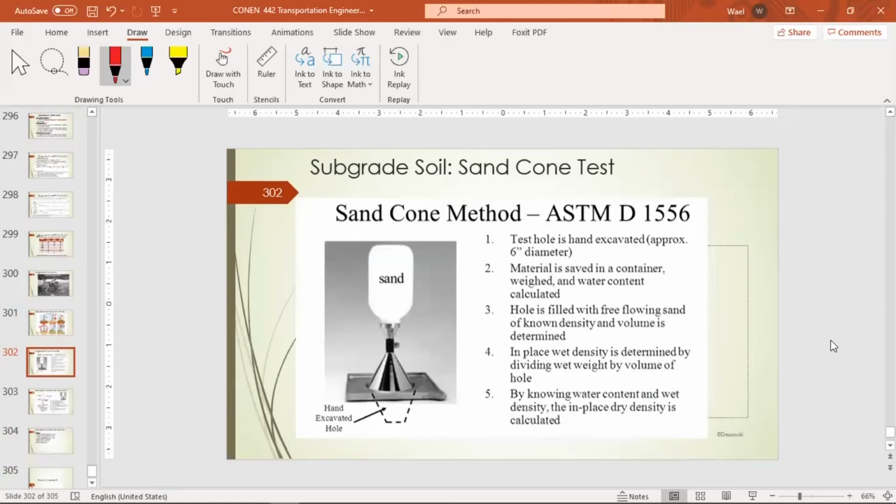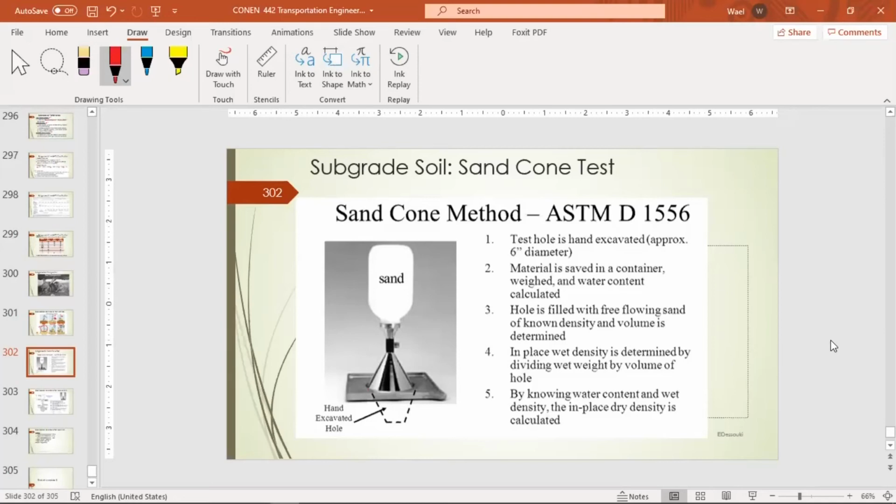The material we save in a container, weighed, and water content calculated. We keep it in the oven to dry it, then we calculate the water content. This hole, after excavating it from the compacted soil, we fill with free-flowing sand with a known density, okay, and the volume is determined then.